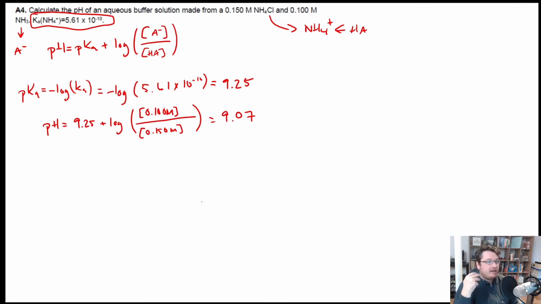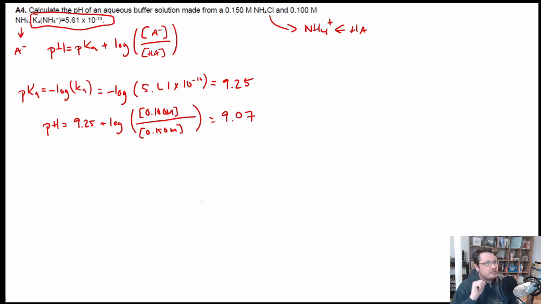Now, if you had only ammonium chloride, none of the ammonia, so we weren't in the buffer region or anything like that, and that was pretty concentrated, you'd probably have a lower pH, but you would still have to deal with the fact that it's still not a great acid. It's still a weak acid in these scenarios.